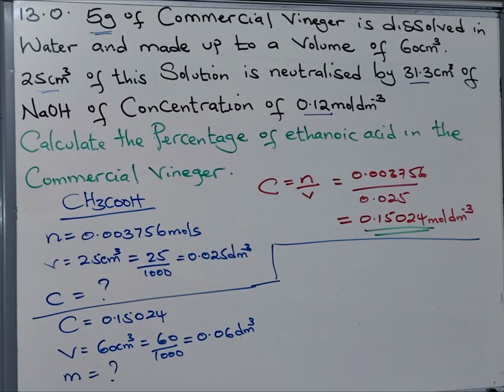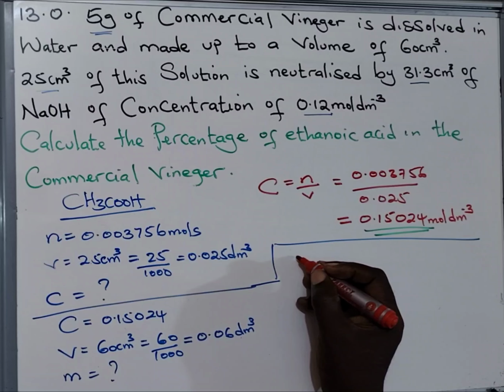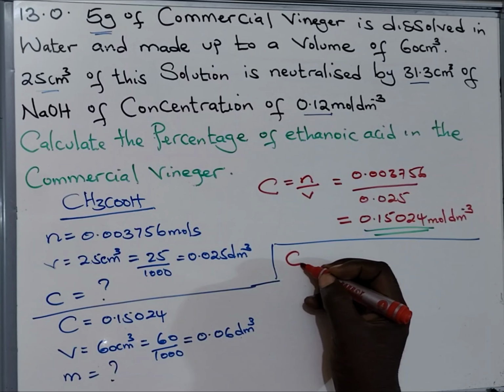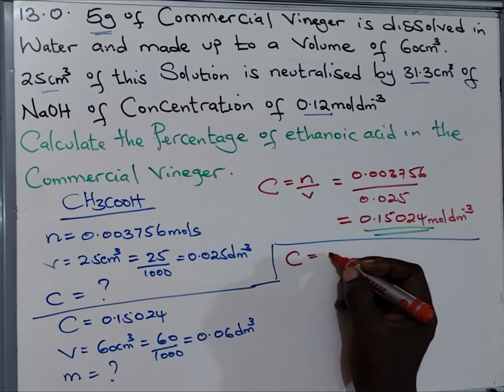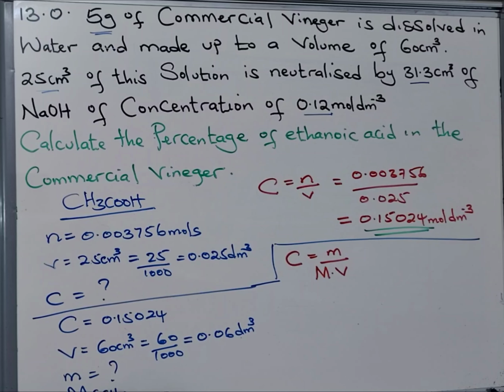So with that, you quote the formula to find out what other information you might miss. The formula which has concentration and mass: C is equal to mass over molar mass times volume. So this shows that you are missing molar mass. So you come here and say molar mass of ethanoic acid is, okay, let's get it.